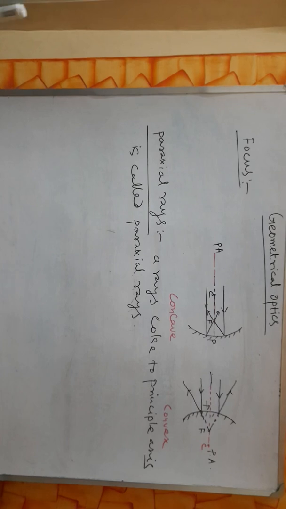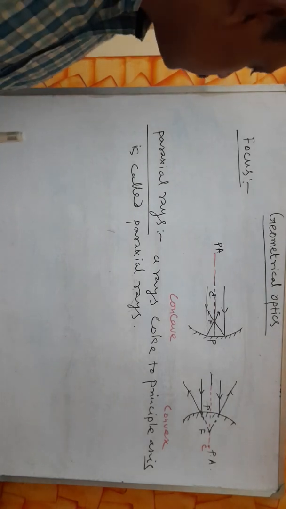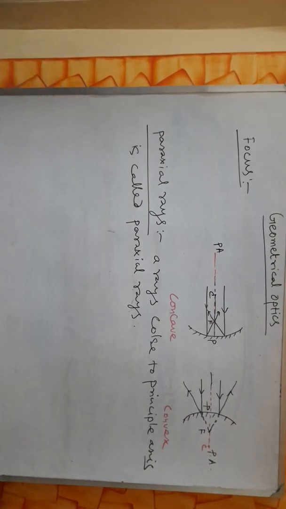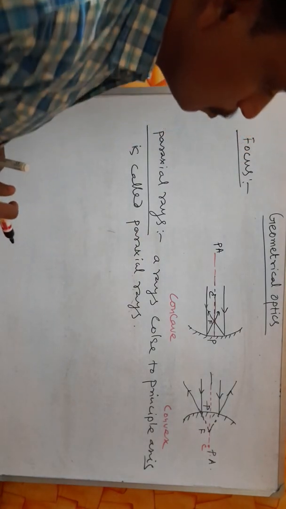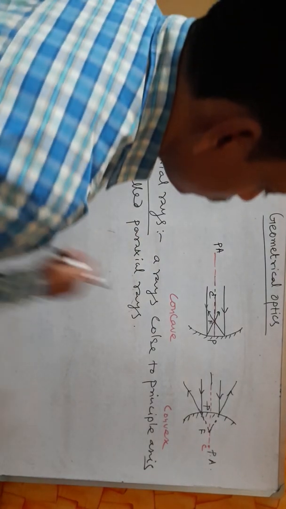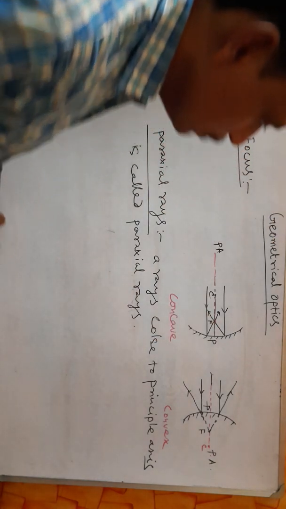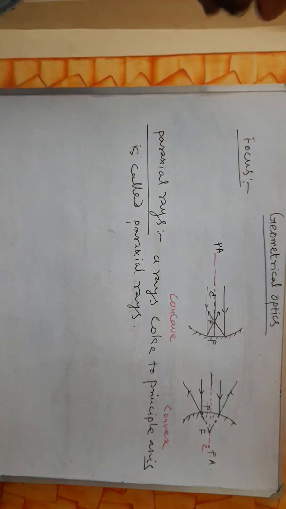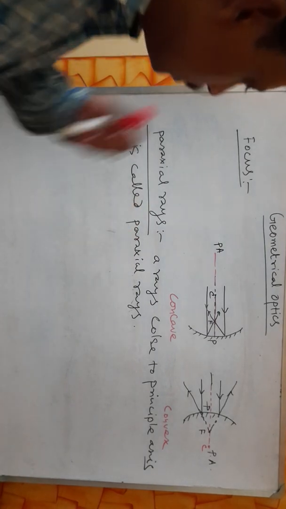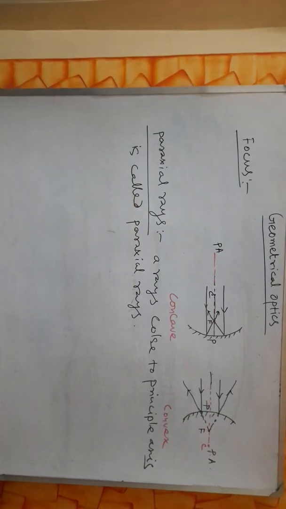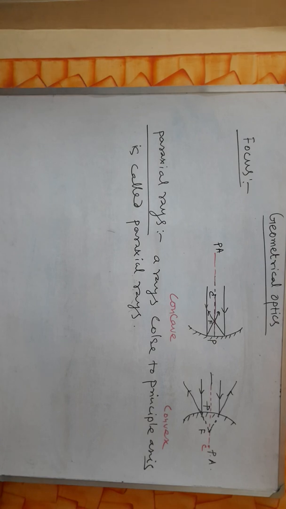Now we shall discuss only paraxial rays in this chapter, because the aperture of the mirror is very small.